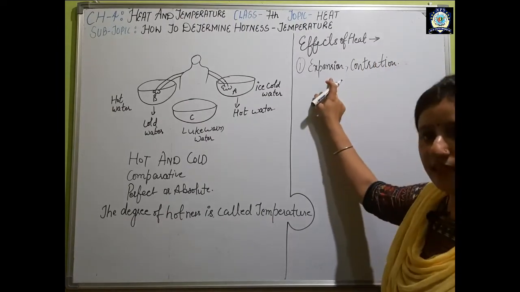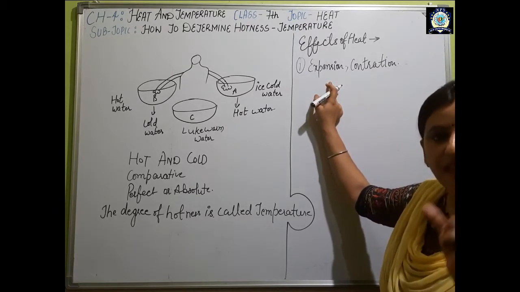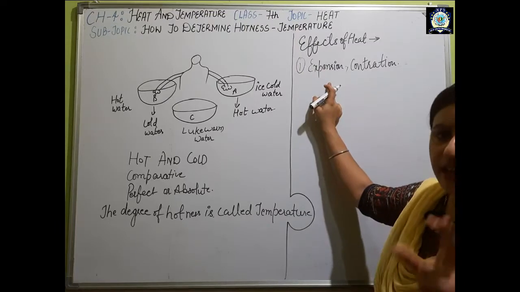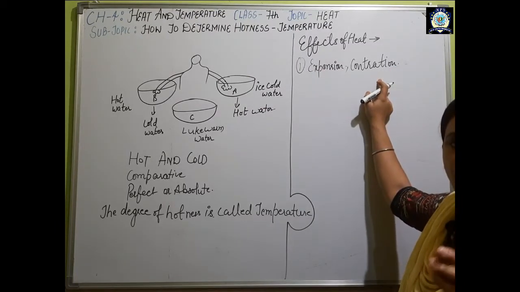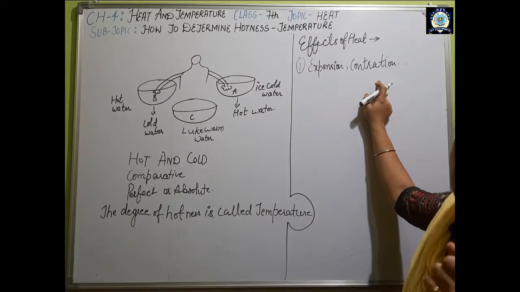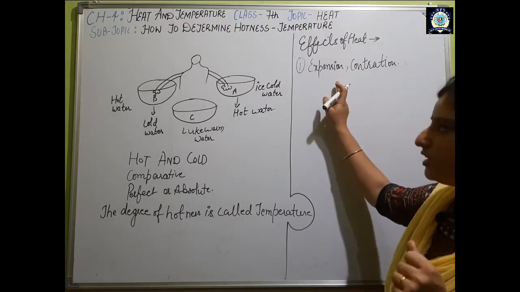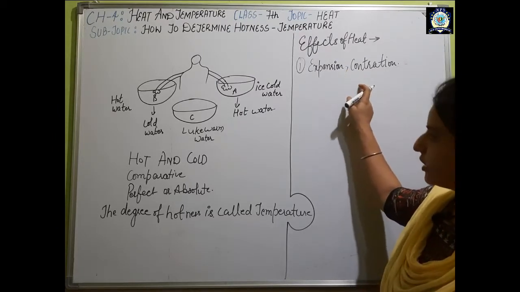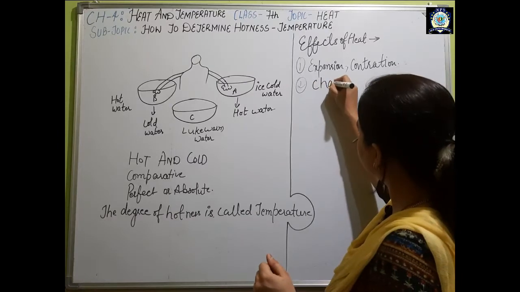So if there is gain of heat by the object, by the material, that will lead to expansion, and if there is loss of heat, means cooling of the object, it will lead to contraction of that object. Okay, the first effect of the heat is expansion and contraction. Second effect is change in state.